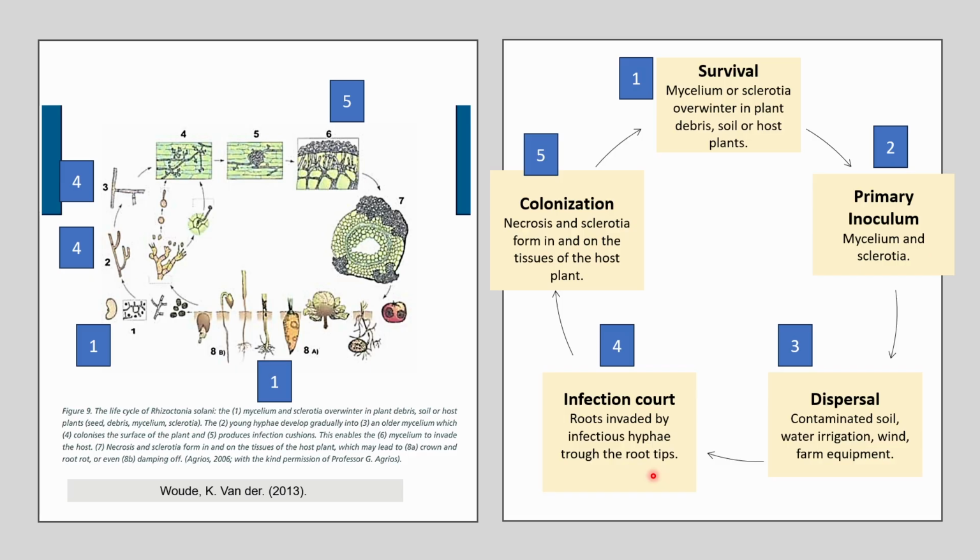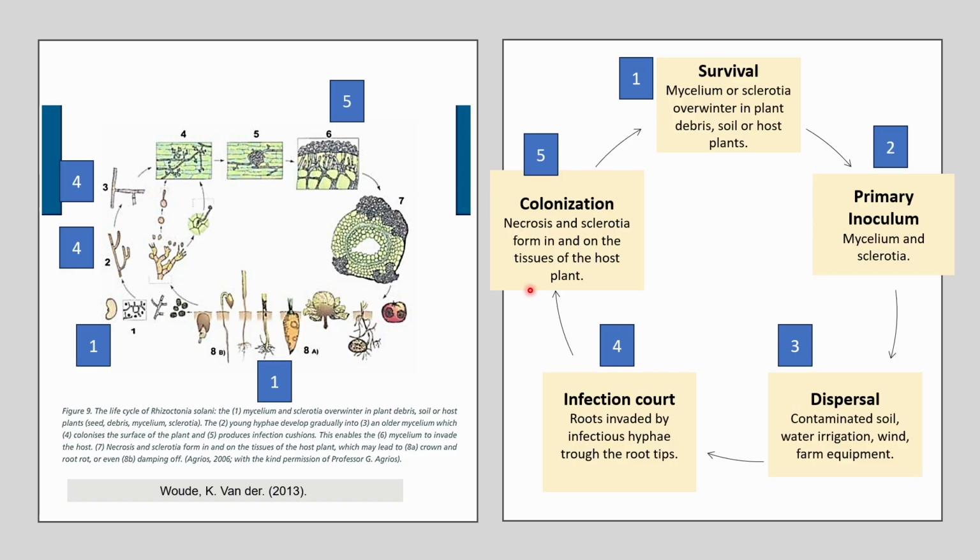This sclerotia begins to generate mycelium, and this mycelium makes contact with the roots and attaches to the surface of the roots. Then we have, oh yeah, the number 4 is here. We can see how the mycelium is here, and this picture represents the right angle. That's something characteristic of Rhizoctonia solani.